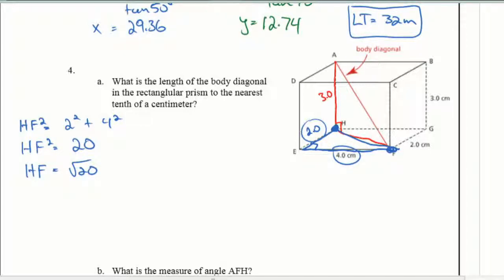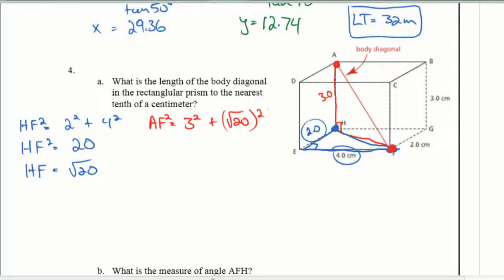Now I'm going to deal with the red triangle. Again, I don't have any angles, so I don't really know what to do with them, but it's just all Pythagorean theorem at this point. So what I'm going to do is now I'm going to take AF, which is the distance from this corner up here to down here, which is what I'm trying to find, is equal to 3 squared plus that diagonal I just found was the square root of 20 squared.